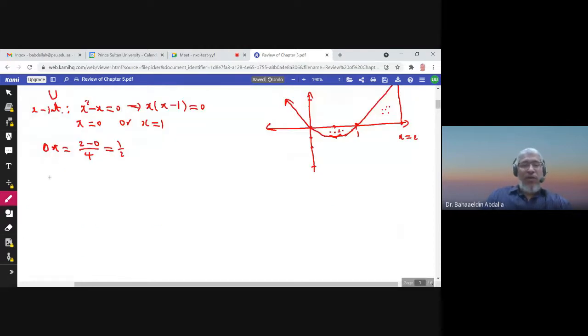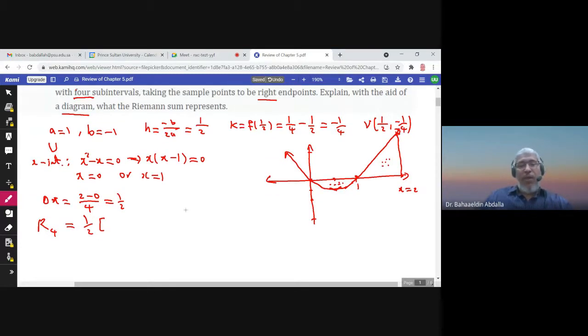So we can find R4. Delta x is half, and we will divide the region into 4 rectangles. So this is one rectangle, and here another one, and 1.5.